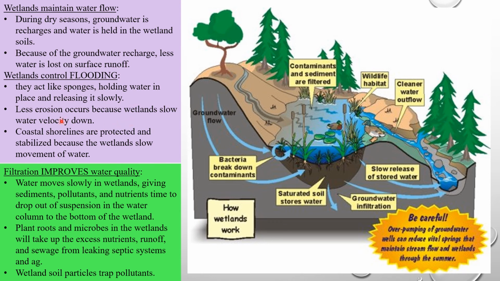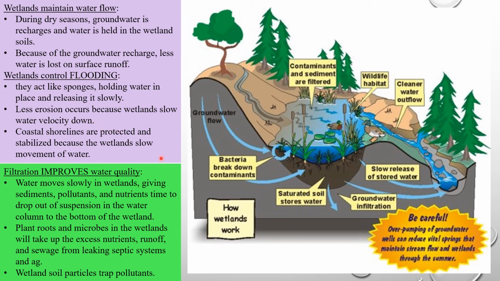And that means we're going to have much less erosion because the wetlands and all that vegetation has slowed down everything that came into the wetland. Even the rainfall, runoff, and extreme rainfall, the wetland is just going to slow it all down before it gets released into other streams.